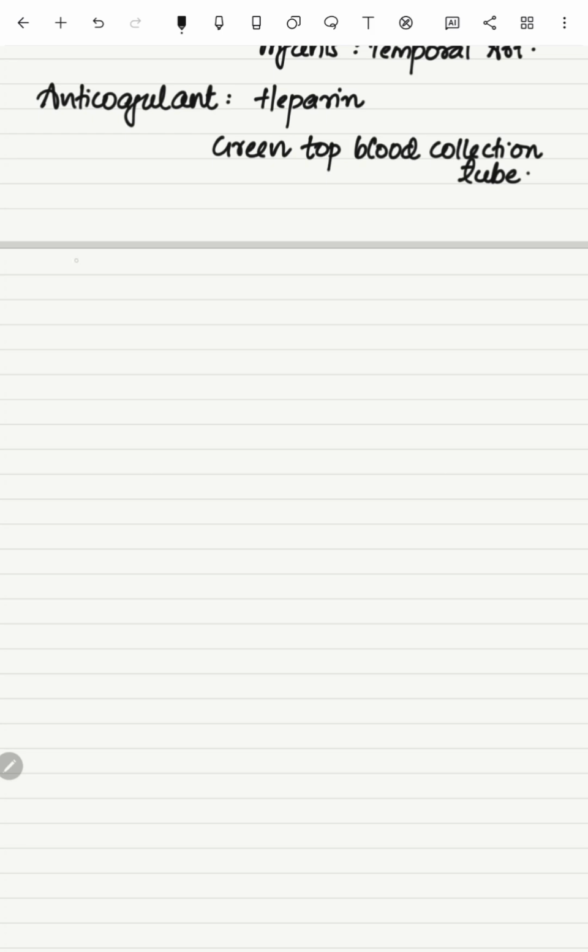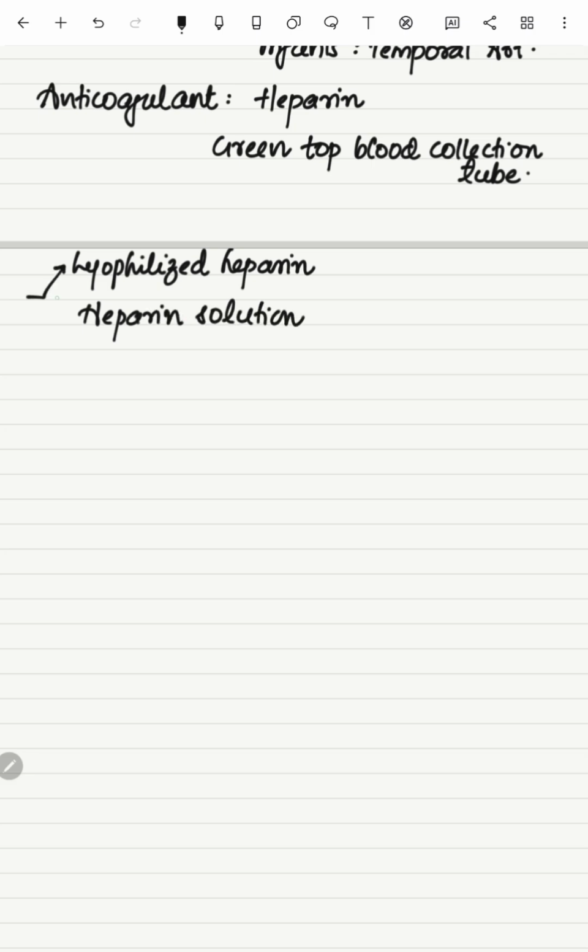This can be used either as lyophilized dry heparin, which is the preferred method of collecting the sample, or we can go for heparin solution. But if heparin solution is used, the syringe should be flushed with heparin and excess solution should be removed. If residual liquid is there, then it can dilute the sample and alter PO2 and PCO2 values.